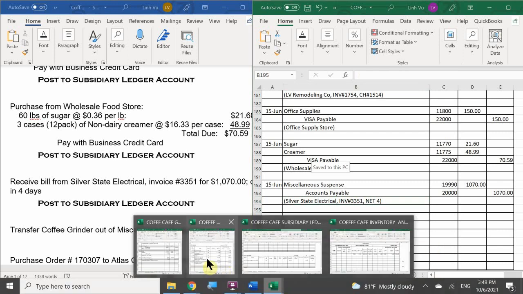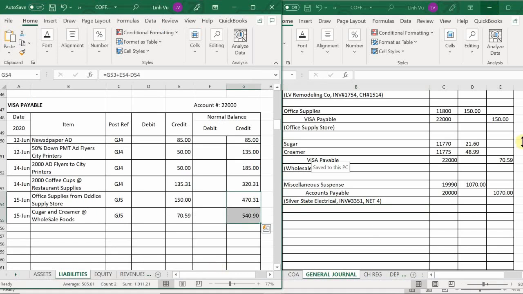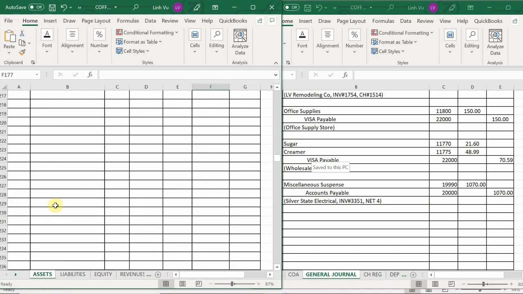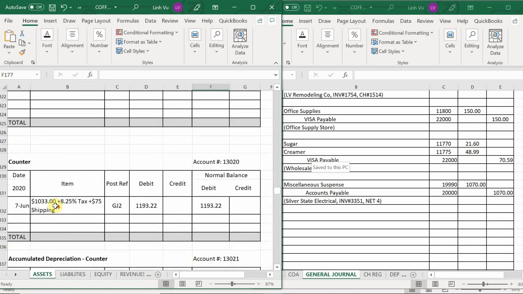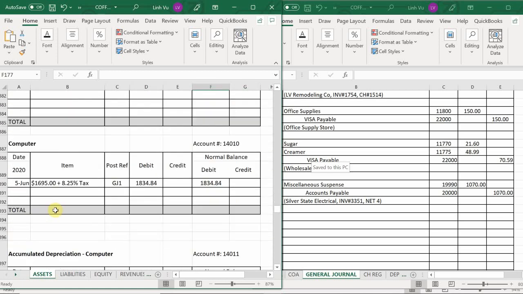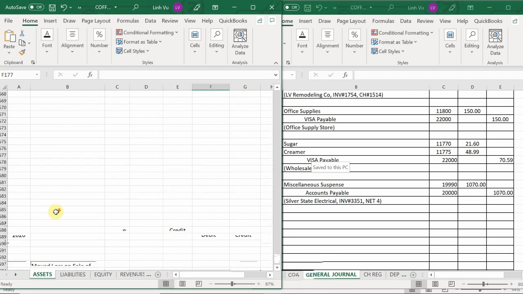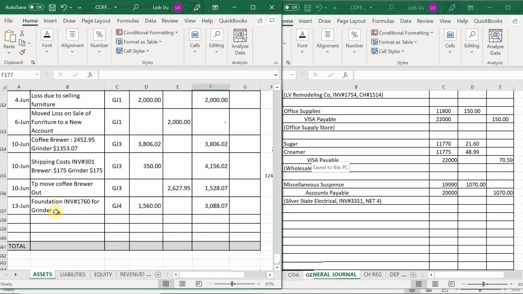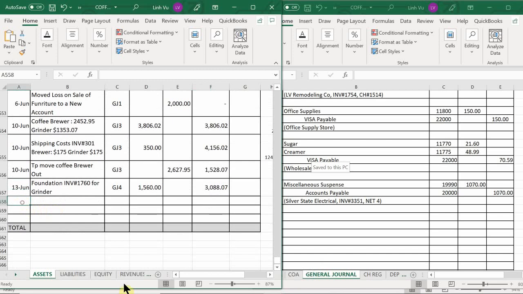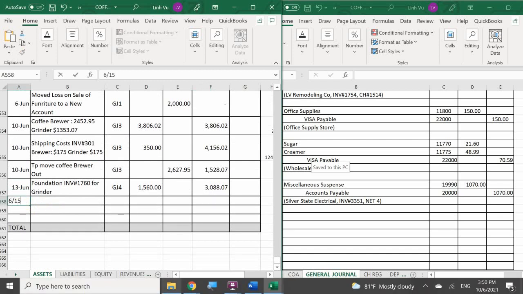Miscellaneous suspense. Here we go, miscellaneous expense. So we have there the 15 and the Silver State Electrical.